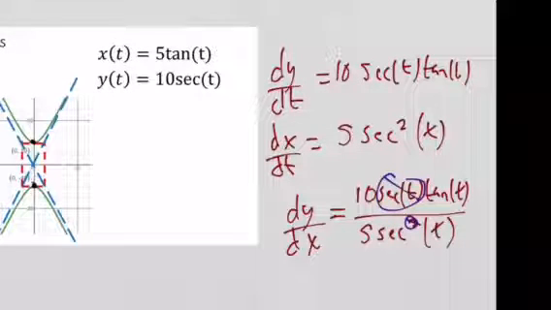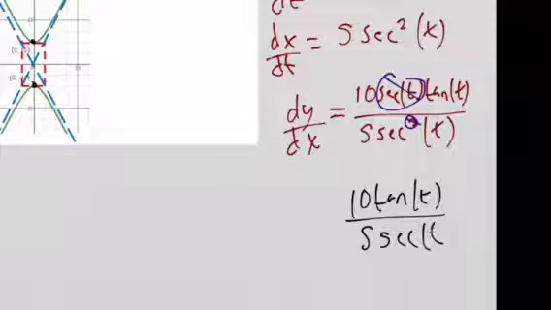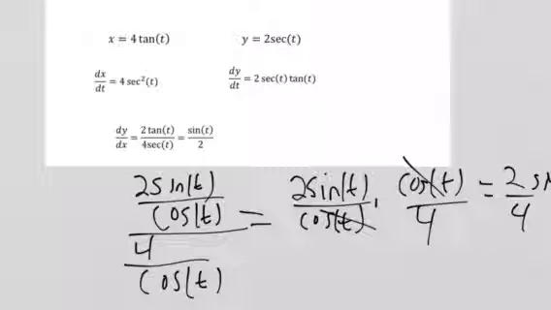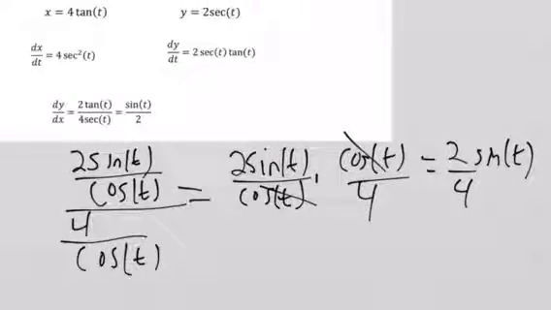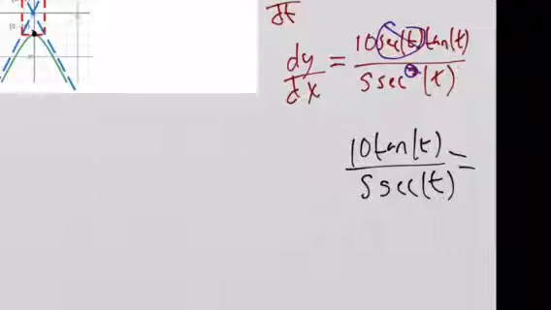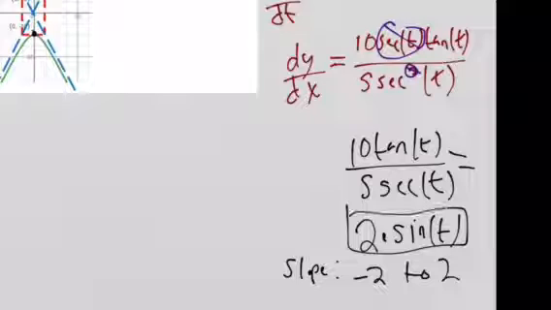So then I get 10 tangent t over 5 secant t, which from earlier, we know that tangent t over secant t simplifies to sine t. That's the work that we did in the previous slide. So this equals just 2, because 10 over 5 is 2, times sine t. So what's true about our slope? Our slope goes between negative 2 and 2, according to this dy/dx that we just determined.